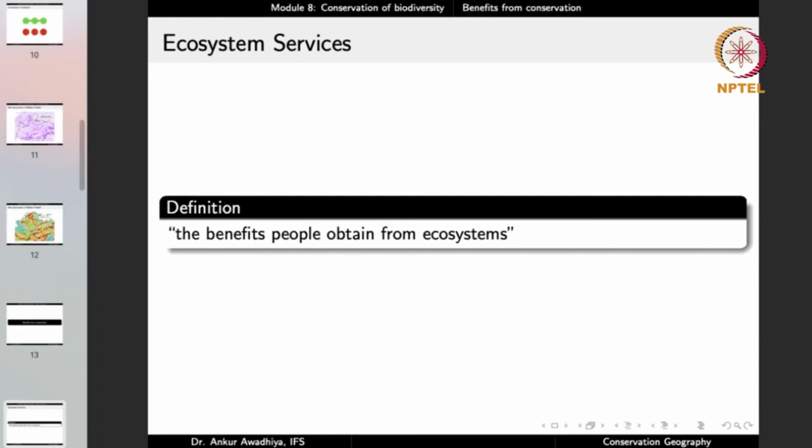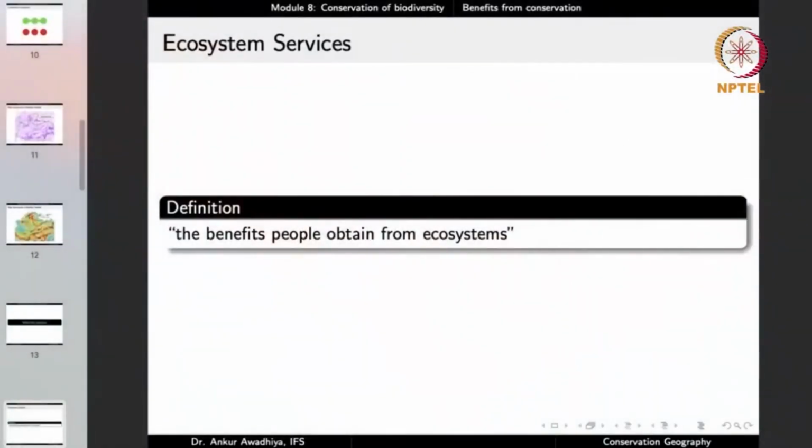So, the benefits that people obtain from ecosystems are known as ecosystem services, and these are primarily the benefits of conservation. So, when we do conservation, we create an area or we protect an area in such a manner that it maintains its nature as a well functioning ecosystem. And when it is a well functioning ecosystem, it provides certain benefits to people, and these benefits are known as ecosystem services. So, these are the benefits from conservation.